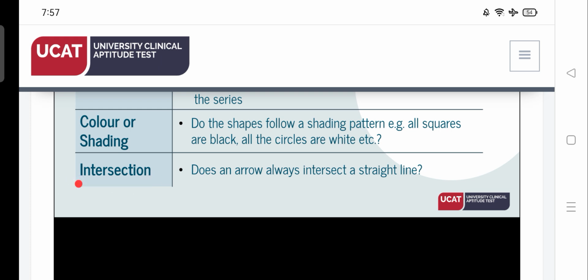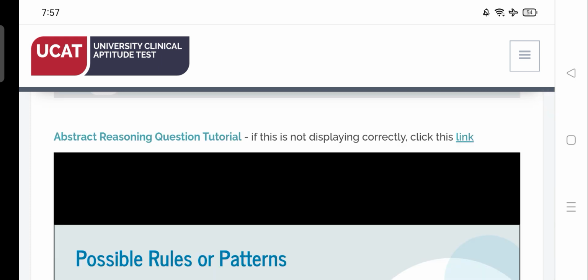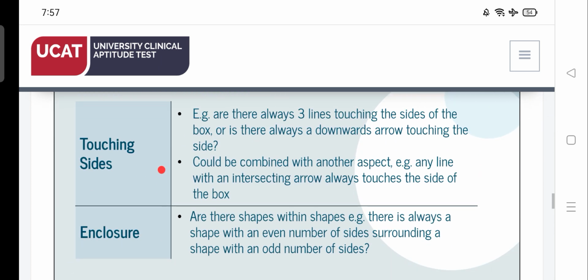Intersection: does an arrow always intersect a straight line? Touching sides: for example, are there always 3 lines touching the sides of the box, or is there always a downwards arrow touching the side? This could be combined with another aspect.